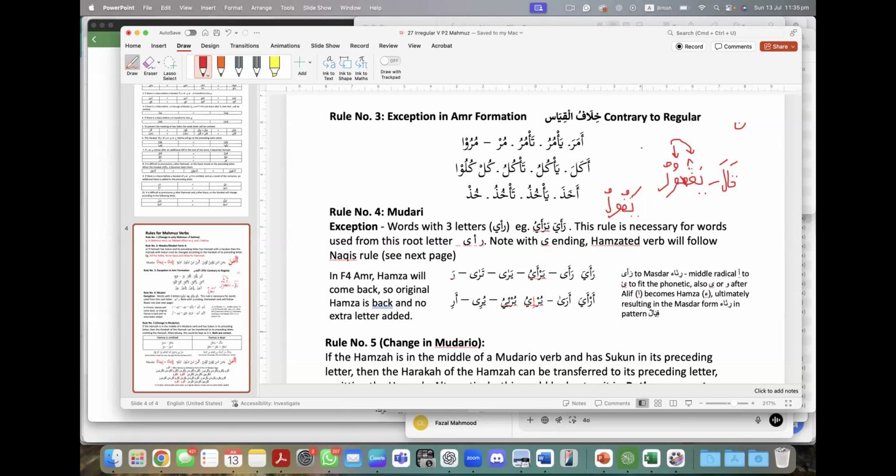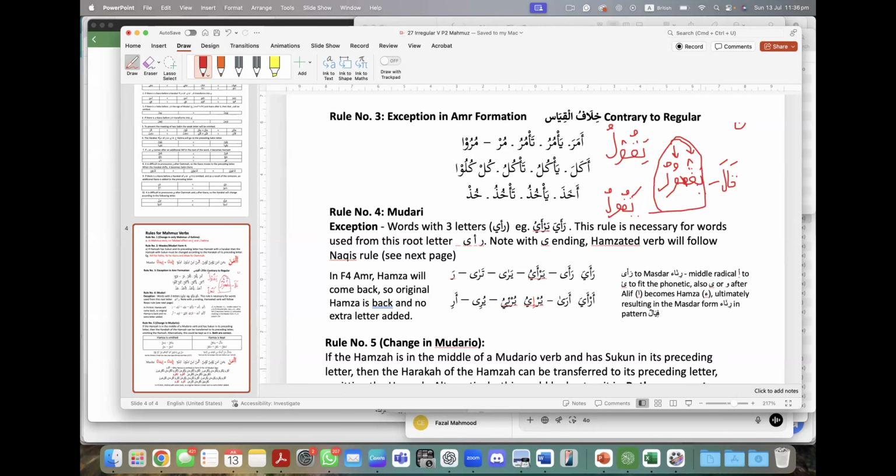So as a result of that, what happened now? Ya, ku... Dhamma was here, sukun was here. So this is now sukun, and this is now dhamma. So this is called original madi from Qala.